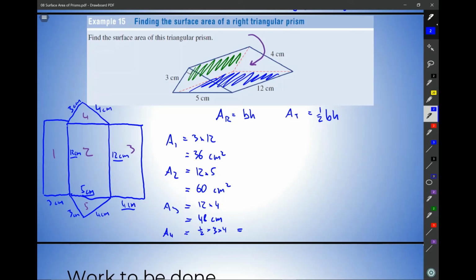Sorry, I need my calculator for this one. Oh, maybe I didn't. So that equals 6 centimeters squared. And area 4 is the same as area 5, so we don't need to recalculate that. So now we can find the surface area by adding up all our areas.